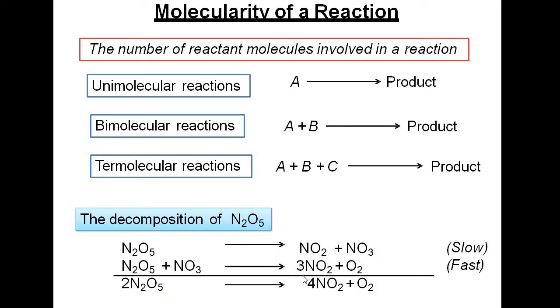N2O5 plus NO3 gives 3NO2 plus O2, and that's the fast step. The overall reaction becomes 2 molecules of N2O5 gives 4NO2 plus O2. Students, note this down: the rate of the reaction depends upon the slow step. It never depends upon the fast step. It always depends upon the slow step.